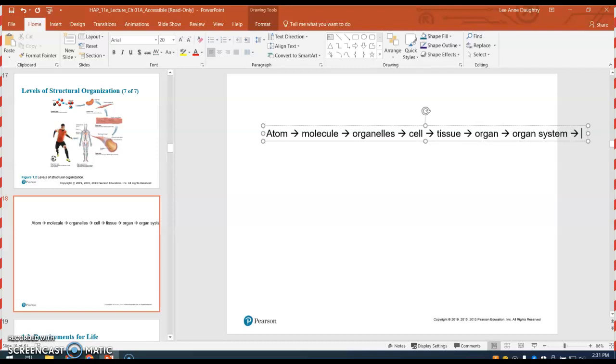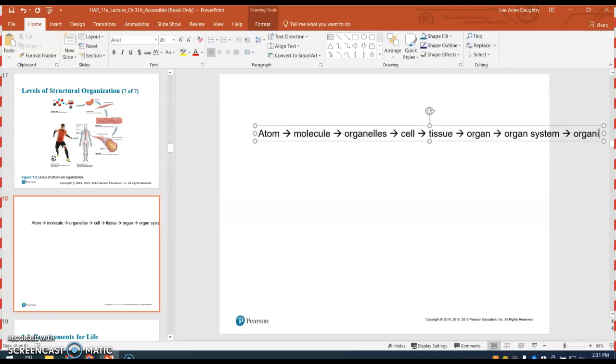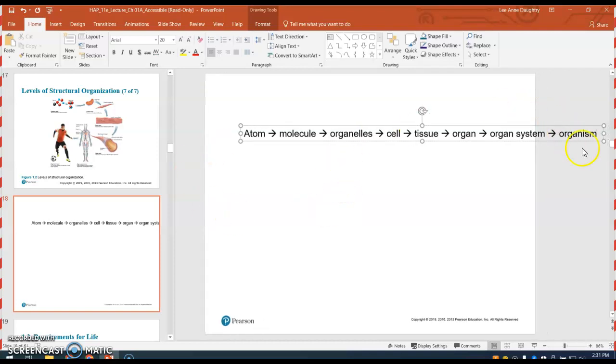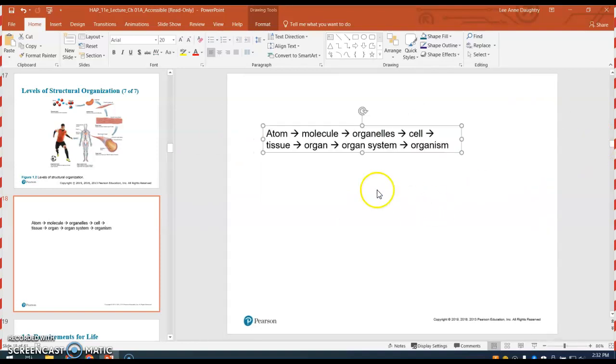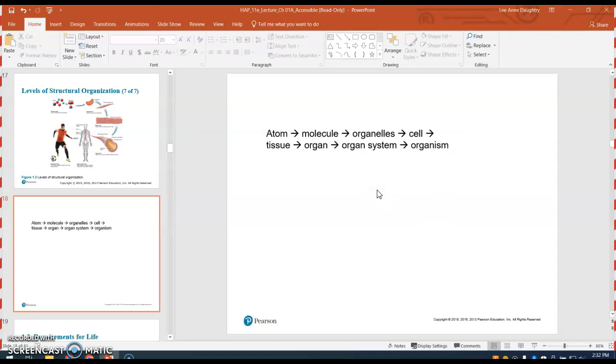I'll fix this in a minute. Organism. Okay, so these are the levels of organization from atom to organism, from simplest to most complex, and you may be asked to do them from most complex down to simplest, but just make sure that you know them in order.